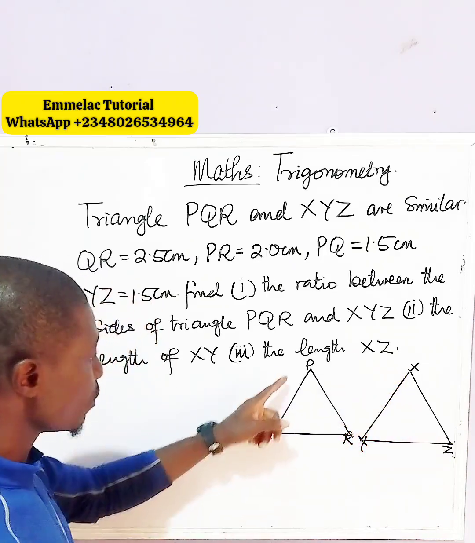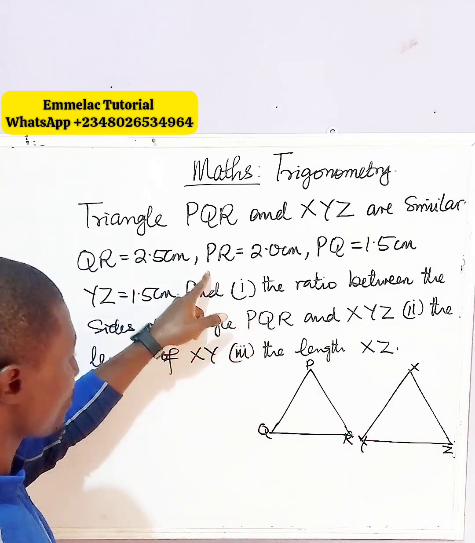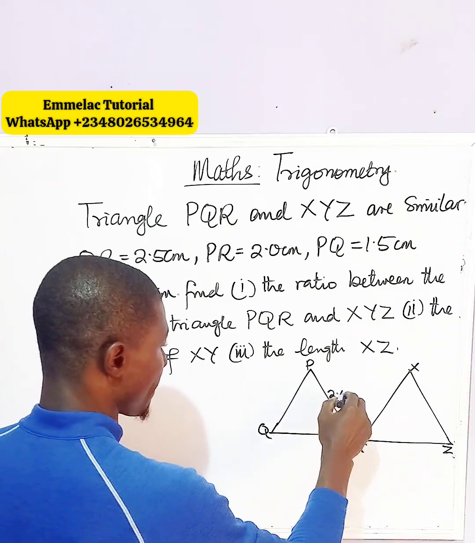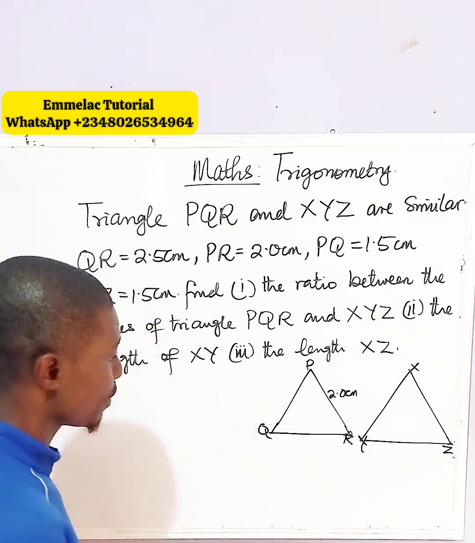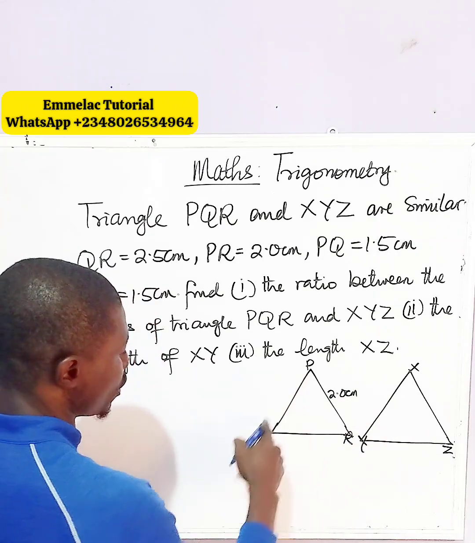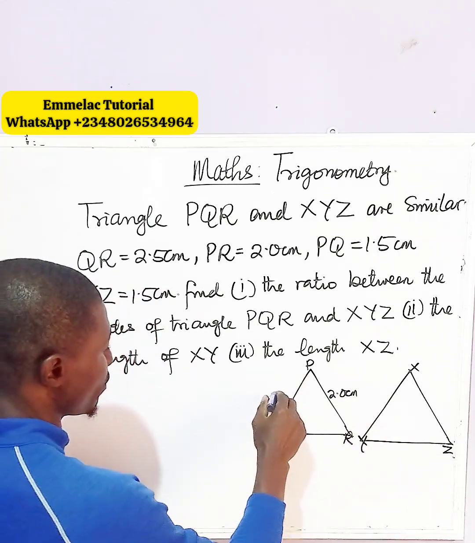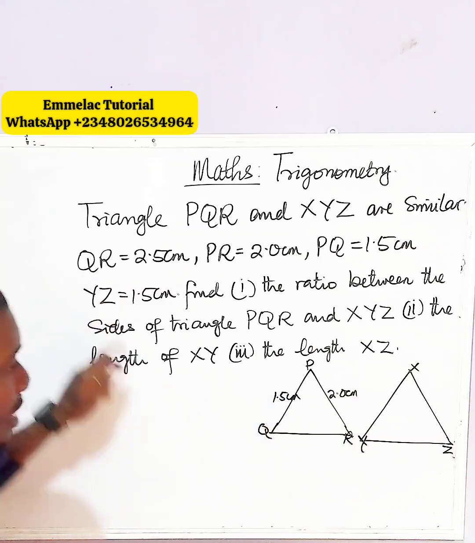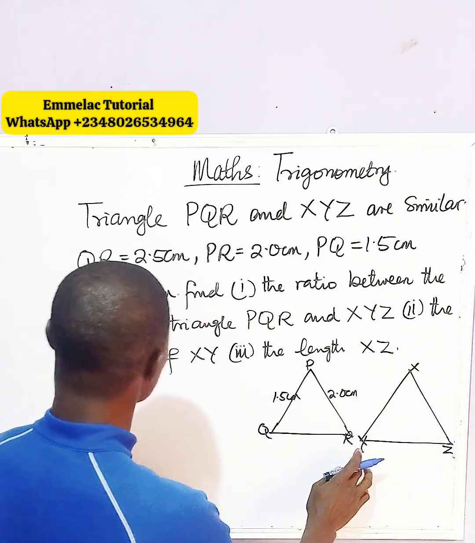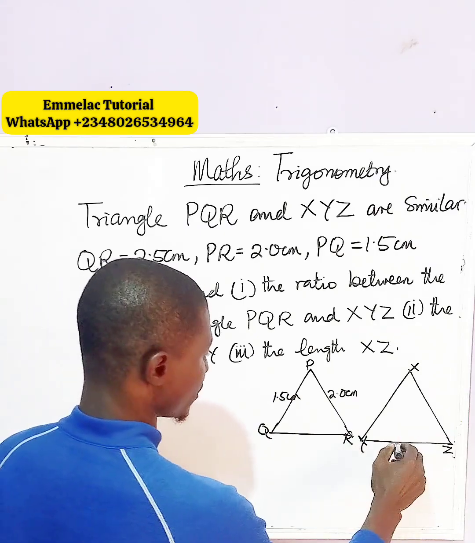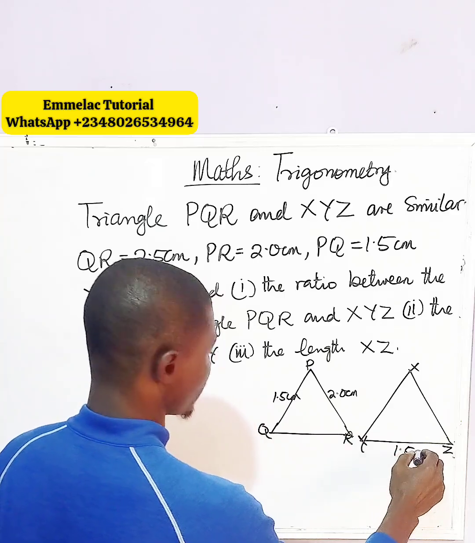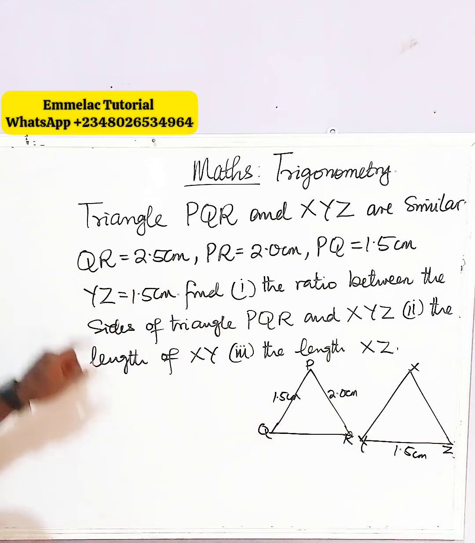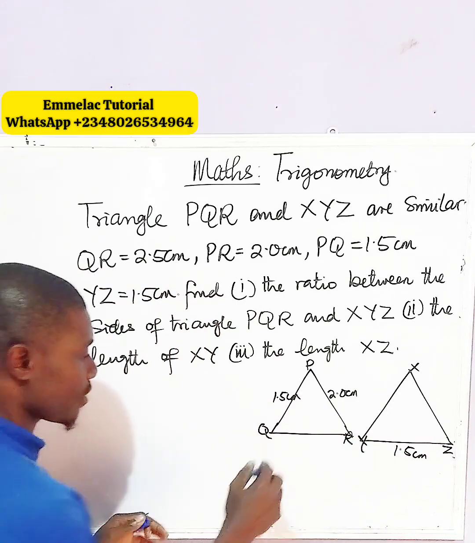So we are told that PR is 2.0, then PQ is 1.5, and YZ is 1.5 centimeters. QR is 2.5.